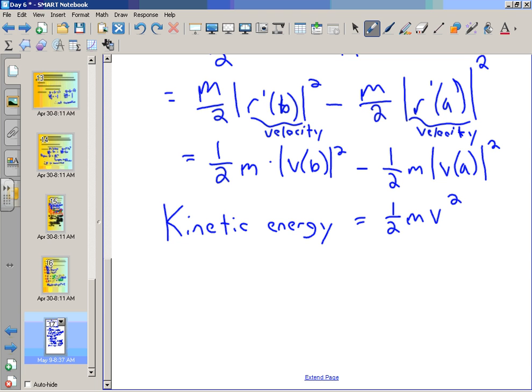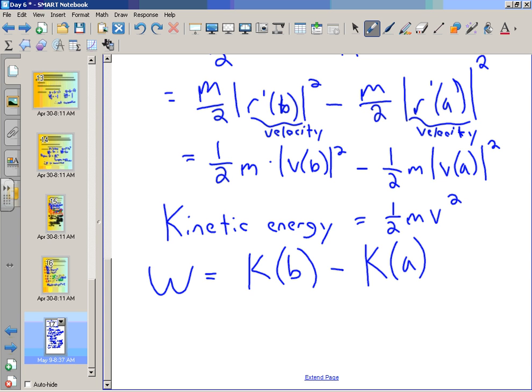And so what this says is that the work is going to be equal to the kinetic energy at B minus the kinetic energy at A. The amount of work done is the difference in kinetic energy. Yeah, that's Einstein. That's just energy, the more general energy.